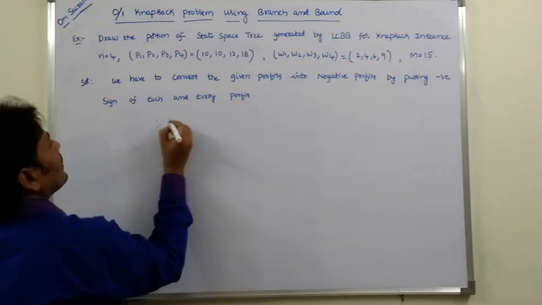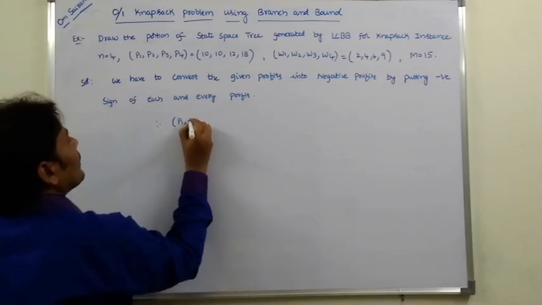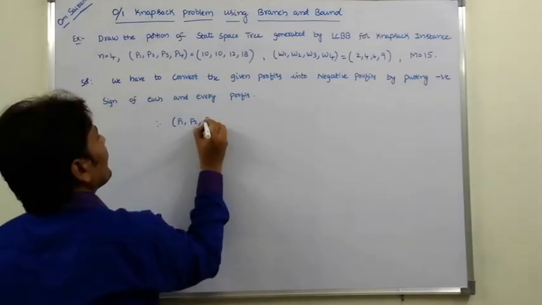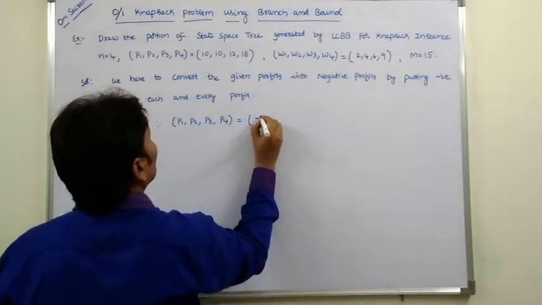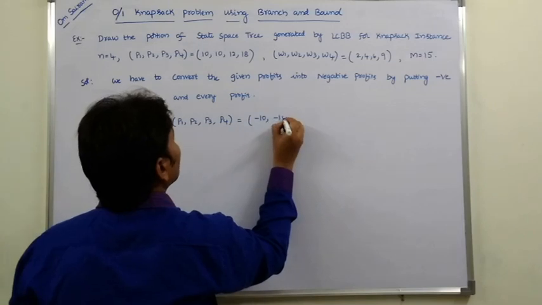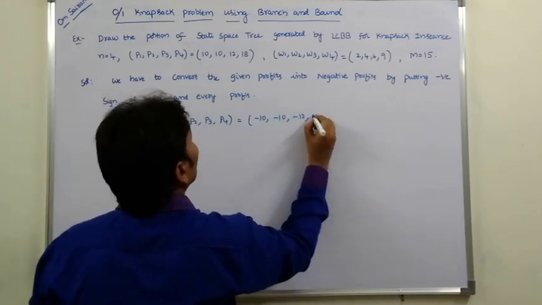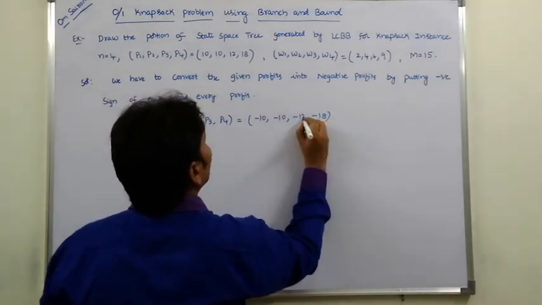So therefore, P1, P2, P3, P4 is equal to minus 10, minus 10, minus 12, minus 18.